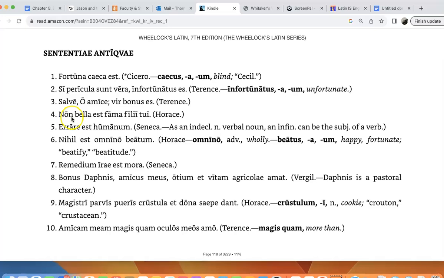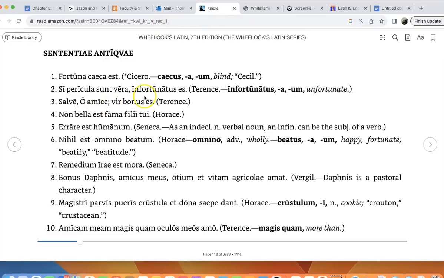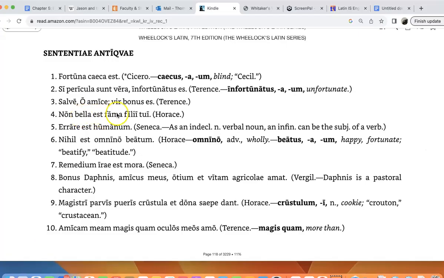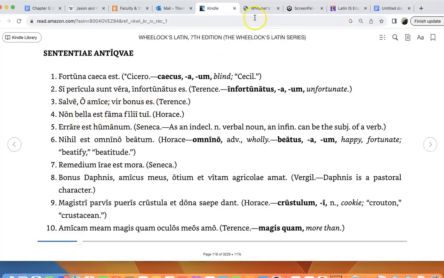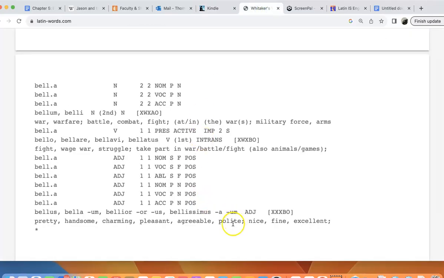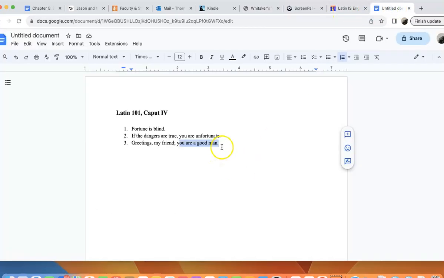So what it means is the reputation of your son is not excellent, or is not fair. So the reputation of your son is not, we're going to go with excellent. You can say fine, you can say nice, or you can say pleasant if you want to. Let's go with that one. And so we're going to write that out here.